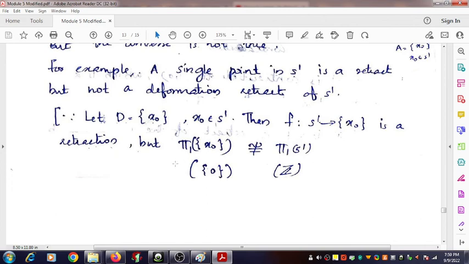Thus we are going to get a contradiction if we proceed in that way.